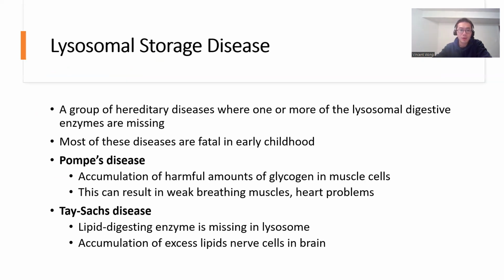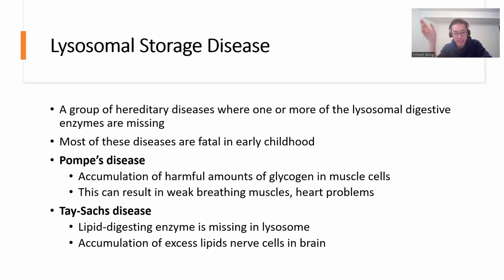There is a group of diseases that are collectively known as lysosomal storage disease. So I told you the lysosome has a bunch of enzymes in it, right? And sometimes these enzymes might be missing because of mistakes in the DNA. Enzymes are proteins. To make proteins, you need the DNA, right?